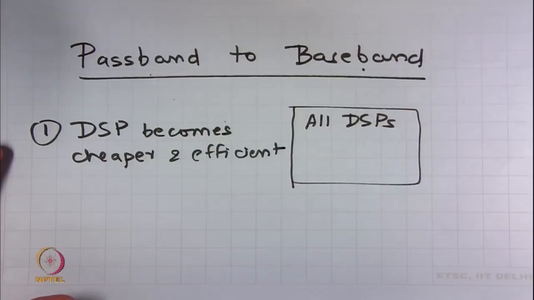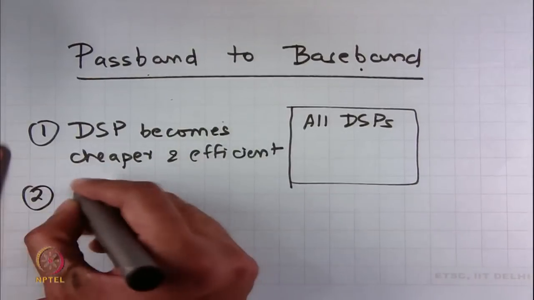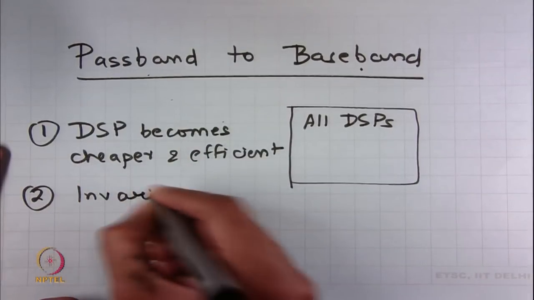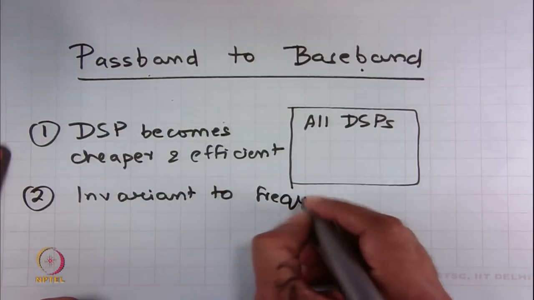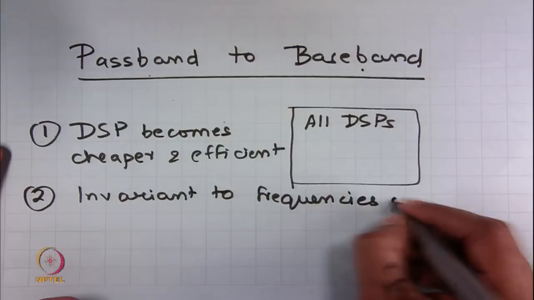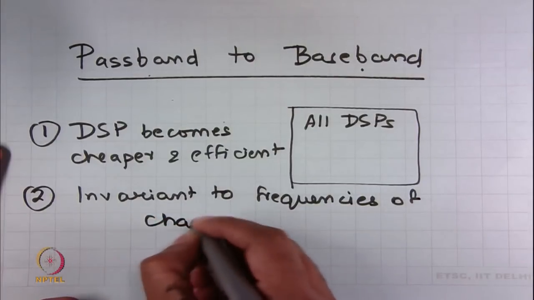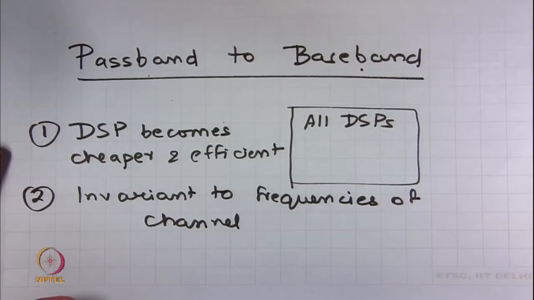Then the second important reason is, by making these processes operate in the baseband domain, they remain invariant to the frequencies of the channel. So, whether your channel is an optical fiber channel or a microwave channel or a wireless channel, all these channels operate in different frequency bands.